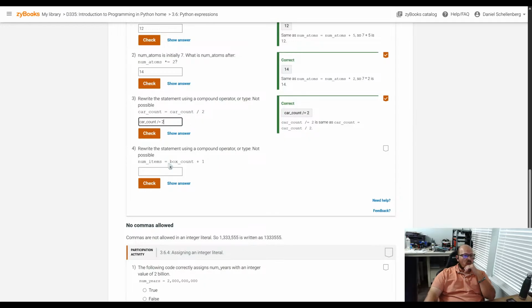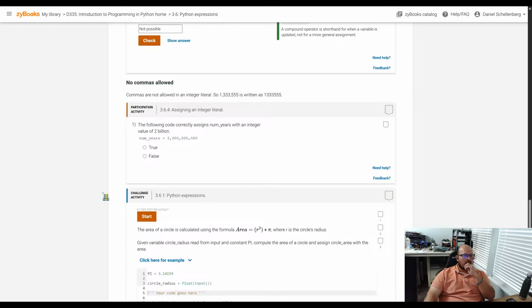Well, this won't work because if I did num items plus equals box count, it just won't work. So I'm going to say not possible. A compound operator is shorthand for when a variable is updated, not for a more general assignment. So yeah, well stated.